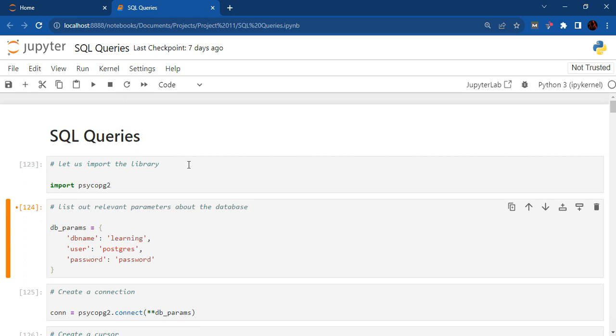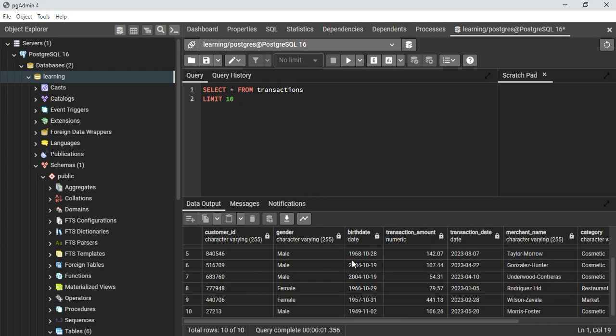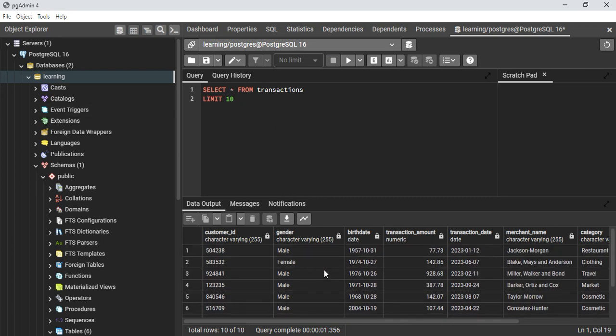Now this is where we'll be doing our SQL queries. I normally use Psycopg2, the Python library for communicating with PostgreSQL. You could also use pgAdmin, but I love using Psycopg2. Using pgAdmin is not fun for me.